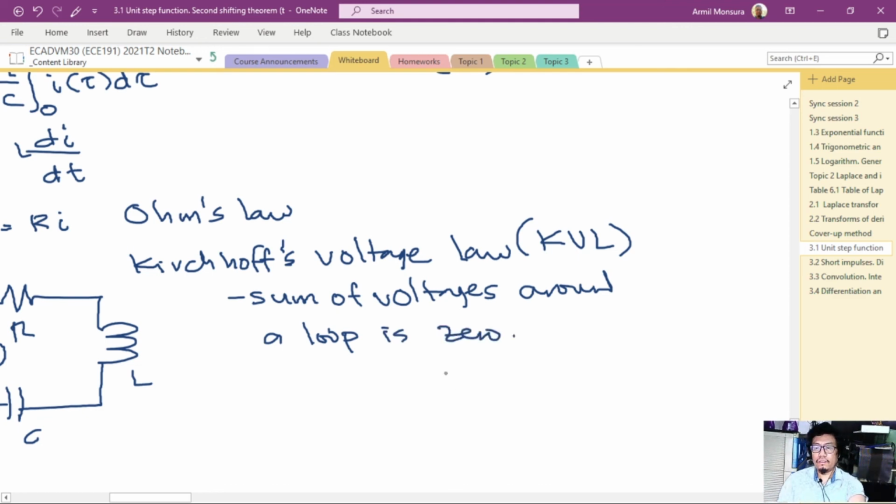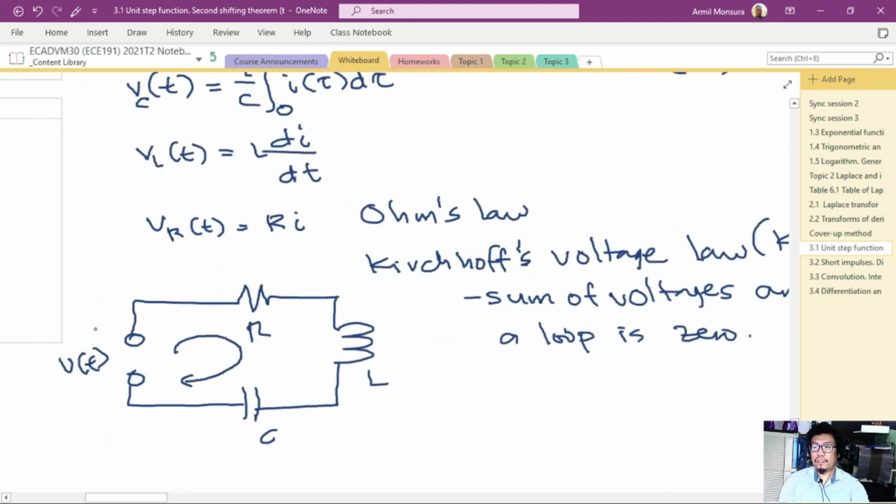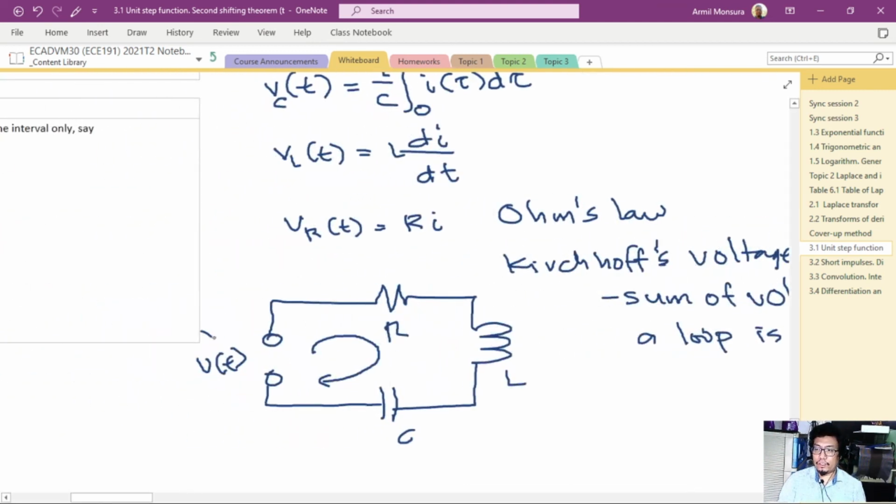So it means for this circuit, if I add this voltage and the voltage across this, and this, and this, all of them should amount to 0. But when you're doing KVL, you are also considering potential drops.